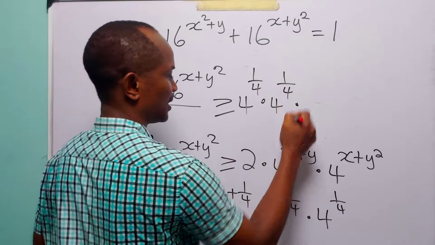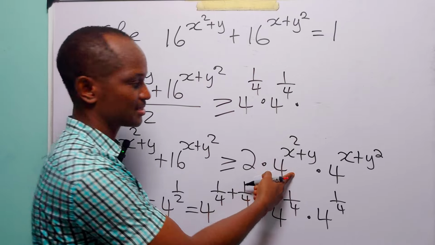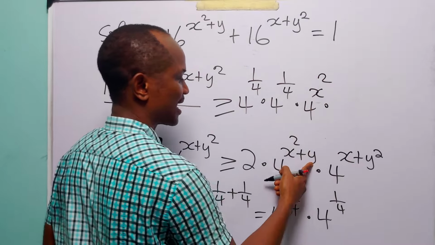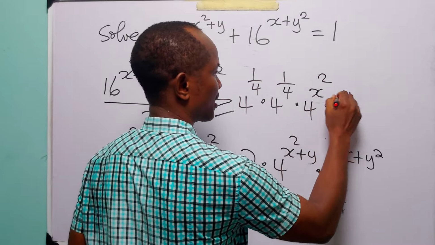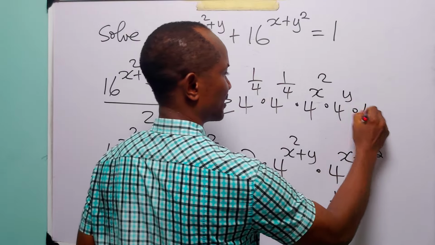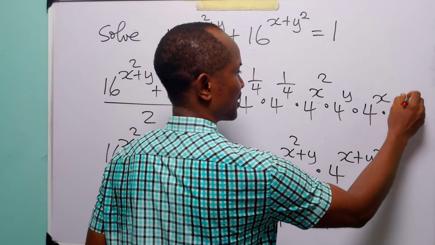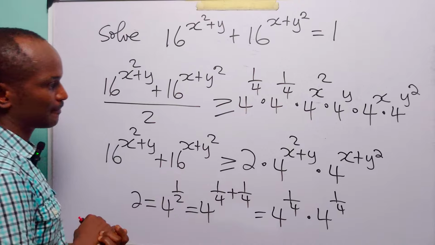And then we have, now let us break this apart. We have 4 to the power x squared multiplied by 4 to the power y multiplied by 4 to the power x multiplied by 4 to the power y squared.